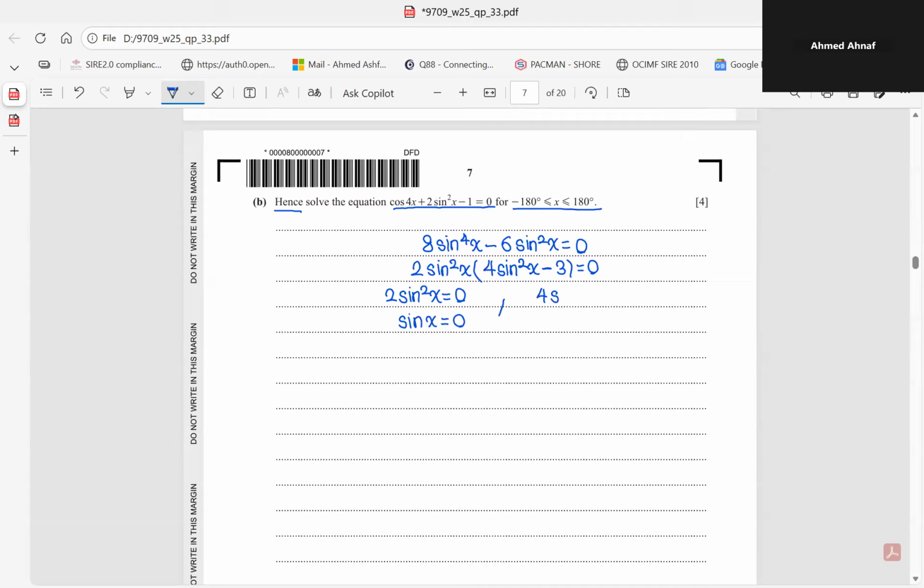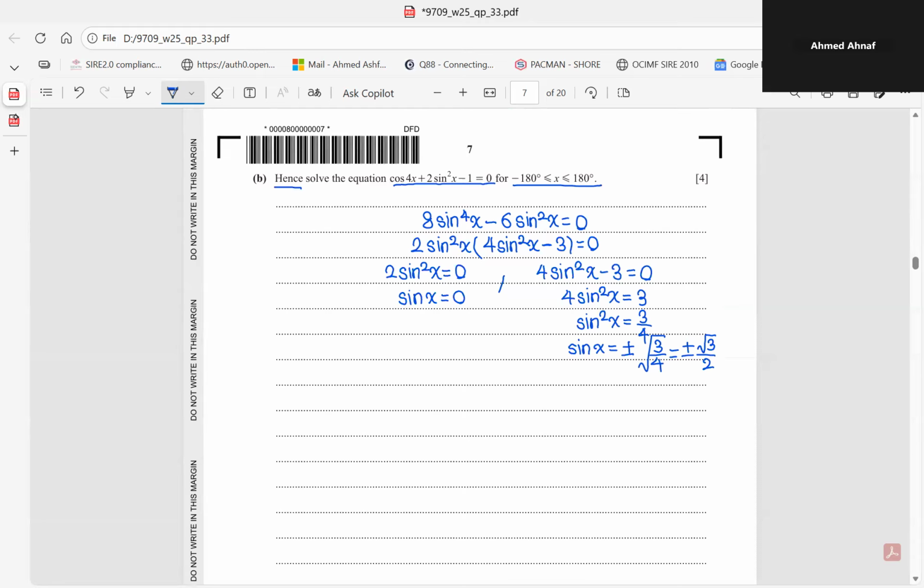And the more complicated one, 4 sine squared x minus 3 equals 0. So you'll have 4 sine squared x equals 3, sine squared x equals 3 over 4, and sine x, which is plus or minus square root of 3 over 4, which can be further simplified to plus or minus square root 3 over 2. So yeah, we have 3 values for sine x.